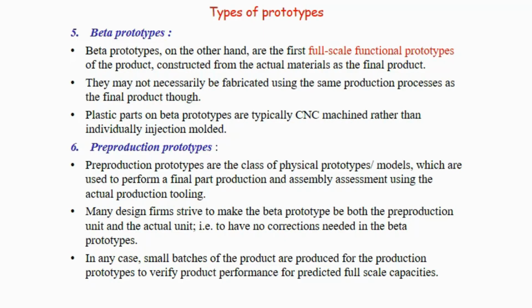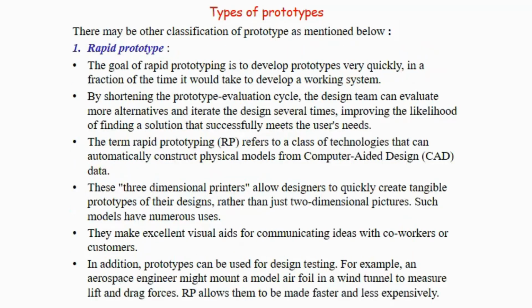So this is intended to be produced in smaller batches of production, and as I said, it will be subjected to testing for a sample market for feedback, and if there are some small deviations, that also will be adjusted before putting into full scale production. So these are the 6 types of prototypes, mainly most used.